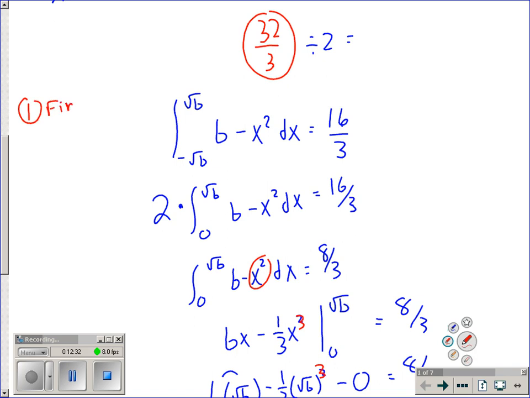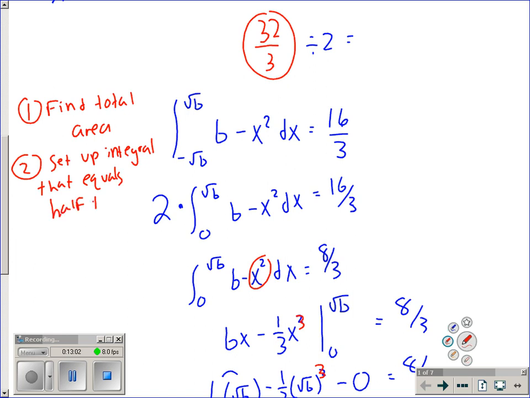So just remember that the steps for this is to pretty much just figure out your area. So find total area. And then step 2 is to pretty much set up an integral. Set up integral that equals half the area.